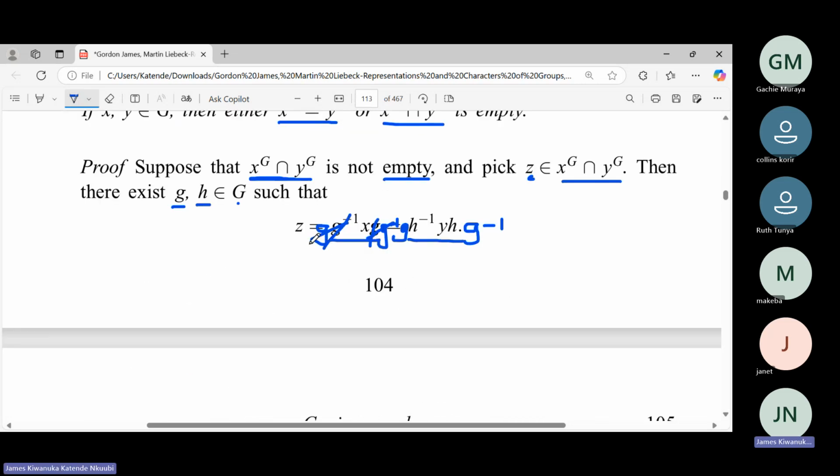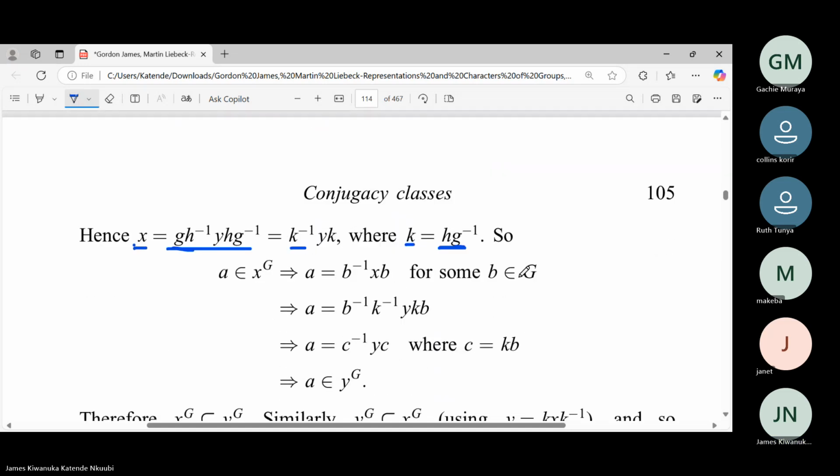So let's just keep track of this. We picked an element that is in both conjugacy classes, and then we have shown that X must be conjugate to Y. Let's follow the arguments.